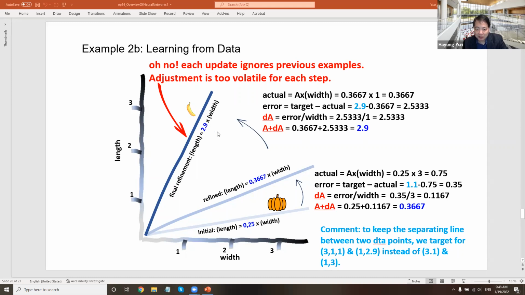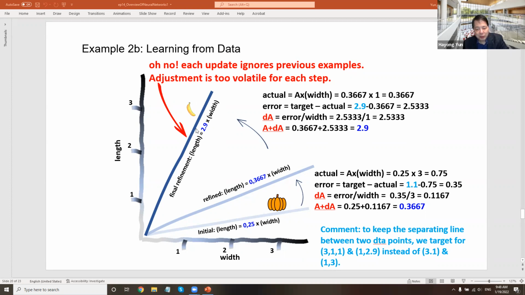Instead of 3, maybe it's 2.9. So 2.9 times 1 minus 0.367, that's the target minus actual, which is the error. So it's 2.5. Given the error, the adjustment in the slope should be the error divided by width. The width for the banana is 1. We get 2.5. So it's 0.36 plus 2.5, which is about 2.9, which settles us here.